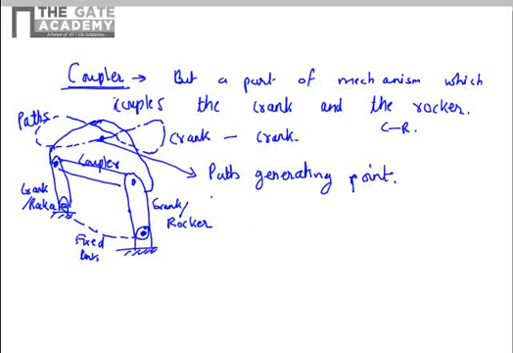We'll show some simple examples of this as we go forward. This path generating point is used to create complex curves very accurately from a mechanical mechanism. This finds application in motion generating mechanisms.